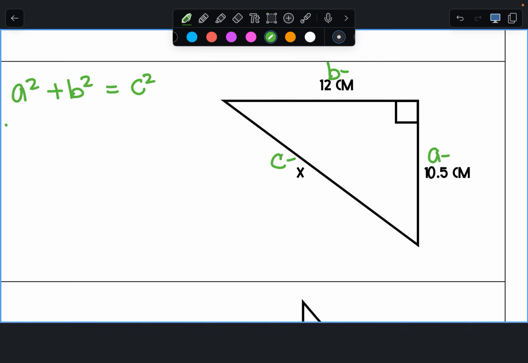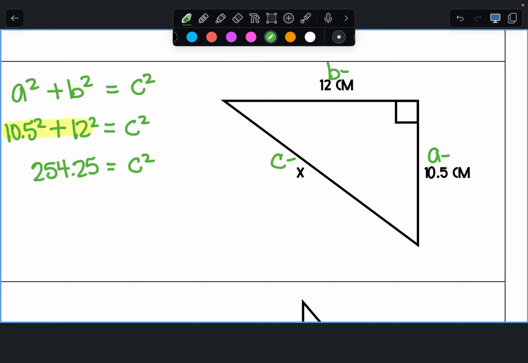Now A is 10.5, B is 12, and we don't know C. Type that into your calculator. 254.25.